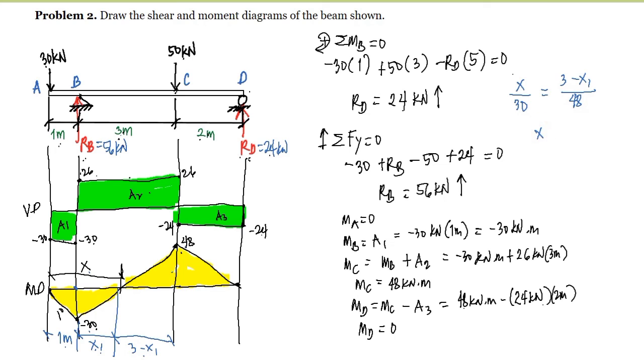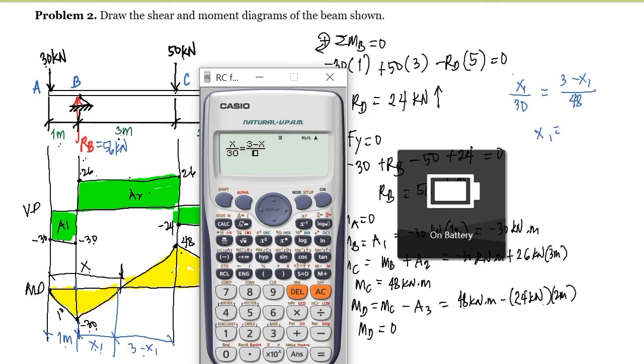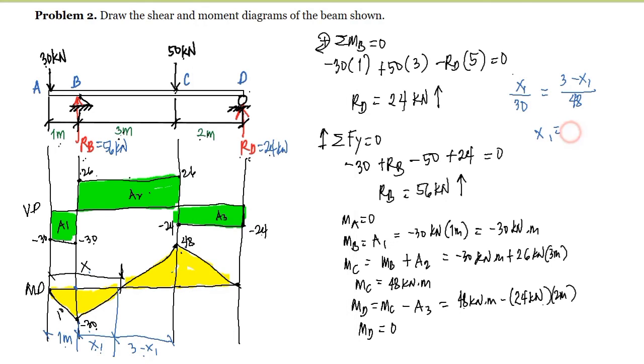So solving for the value of x sub 1 here, then we have x over 30 is equal to 3 minus x over 48. Shift solve equals, and we have here 1.154.